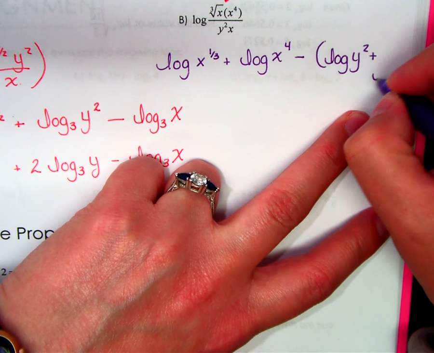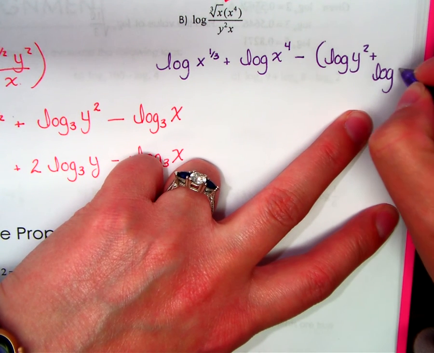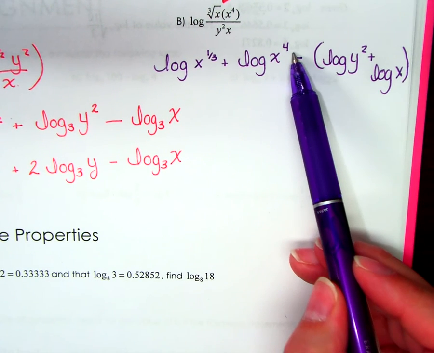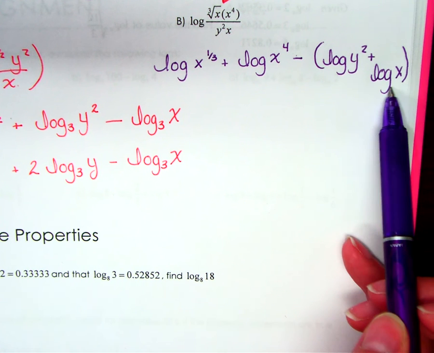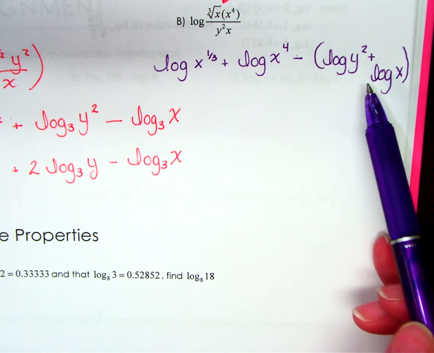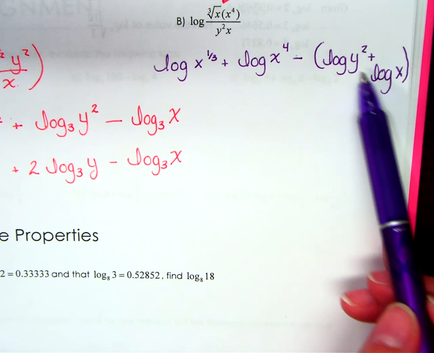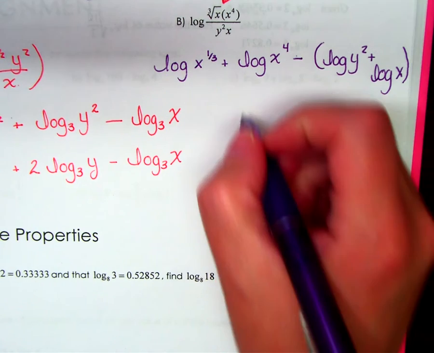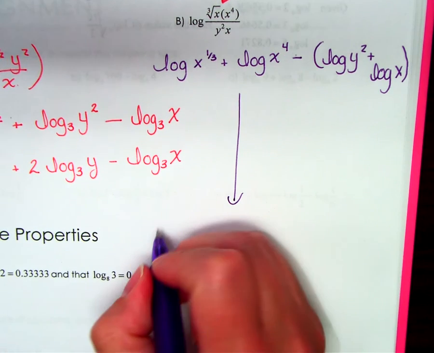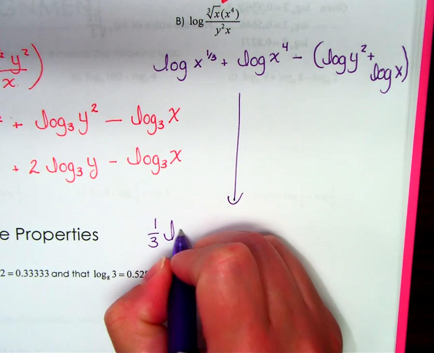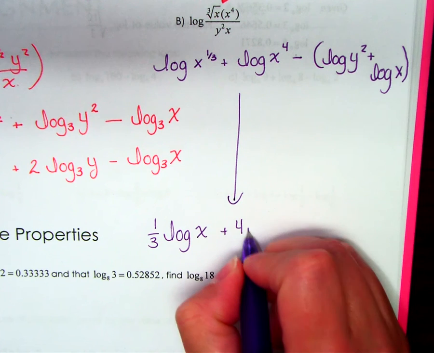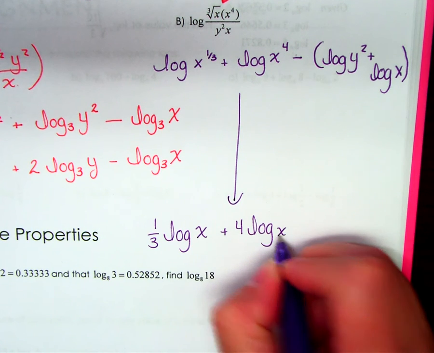Ooh, running out of room. Because really, if we distributed this negative through, it would be a subtract, subtract. But this indicates that these two things are multiplied on the bottom. So you've got to use your brackets. So now we're going to apply the power. So we're going to have 1/3 log x plus 4 log x.